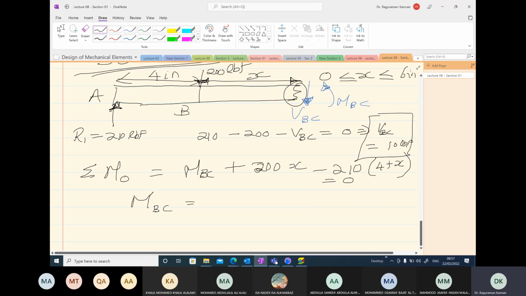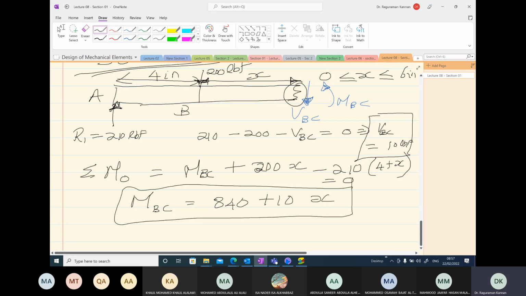Take the terms to the other side, we get 840. We had minus 210x, take it to the other side, plus 210x, and then minus 200x, so becomes 10x.